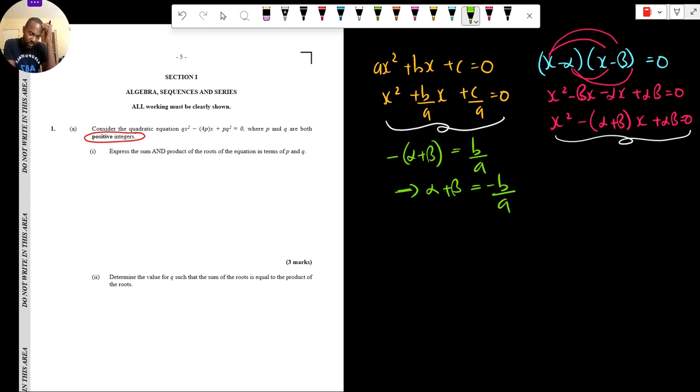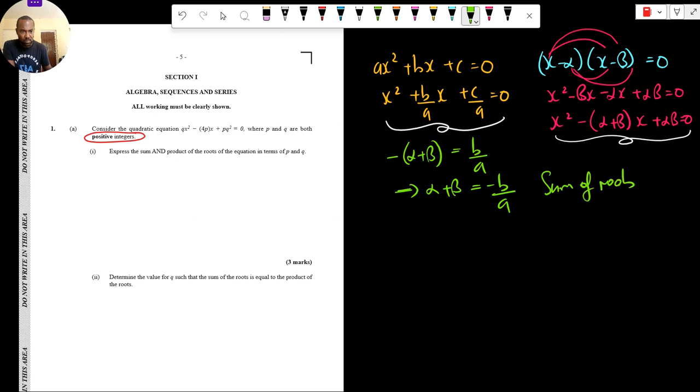So what this basically shows is that whatever the roots are, their sum is equal to minus b over a, where b and a are, of course, the real coefficients of the quadratic equation. B is the coefficient of x, and a is the coefficient of x squared, right? So this is for the sum of the roots.